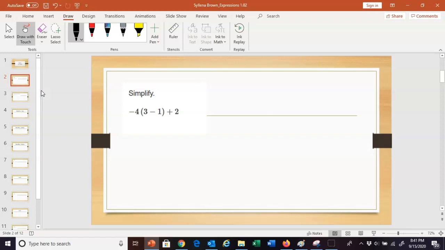And we're going to use what we call PEMDAS. I'm not sure if you remember PEMDAS from last year. And PEMDAS helps us with order of operations. So remember, P stands for parentheses, and E stands for exponents.